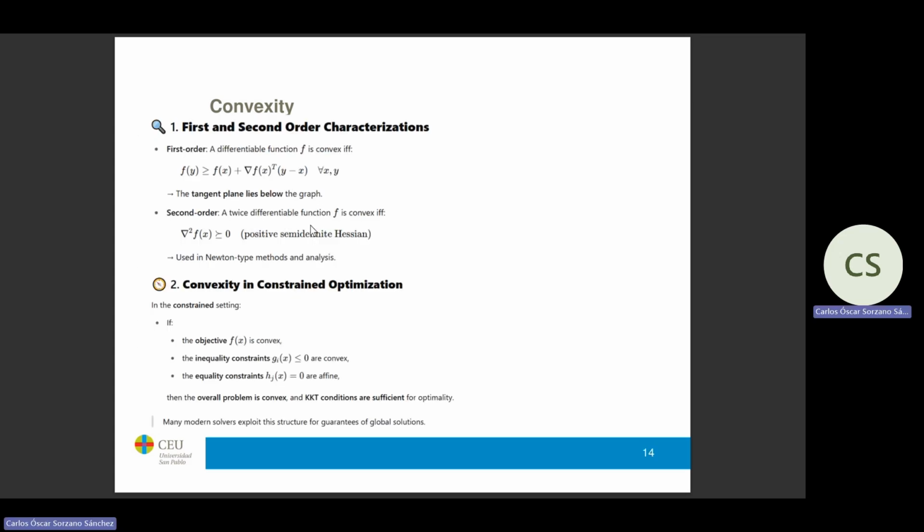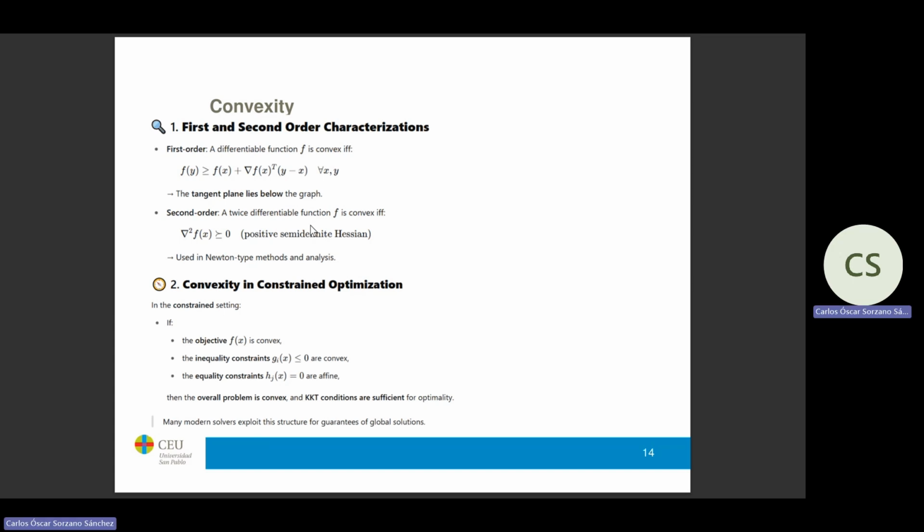Then, let's say that we have a convex function. So if you have a convex function, then this condition is always met. So actually, it is also a necessary condition. So it is not only necessary, it is also sufficient. So a function f is convex, if it is differentiable, if and only if this holds for every point x.